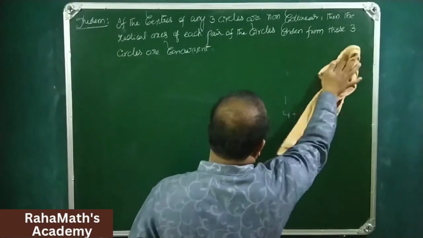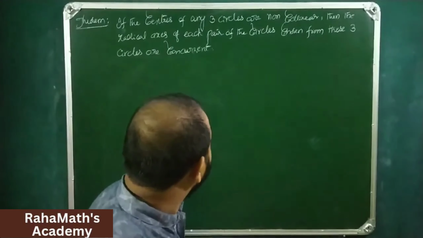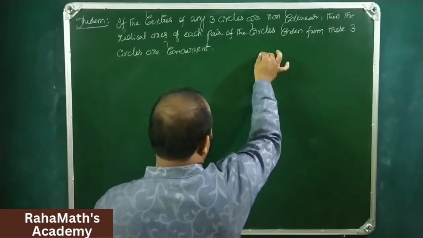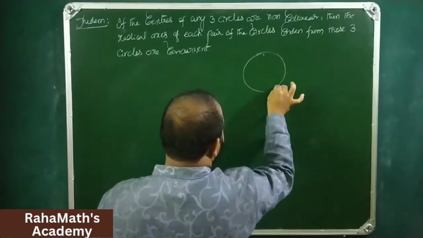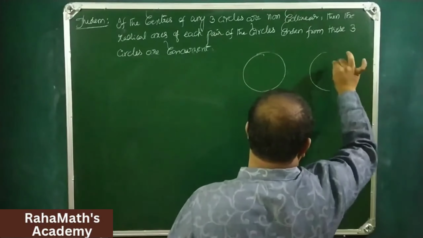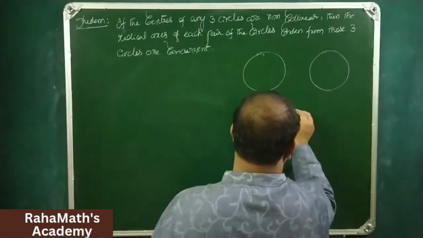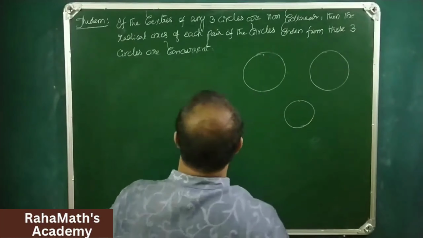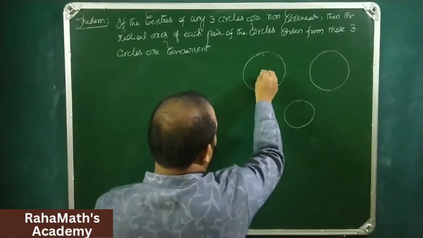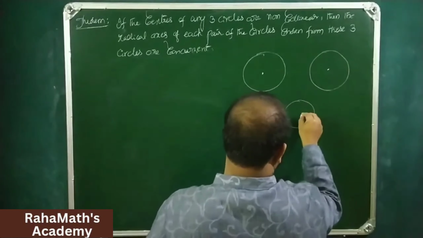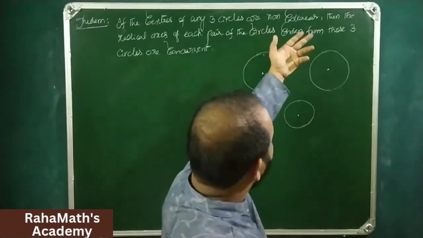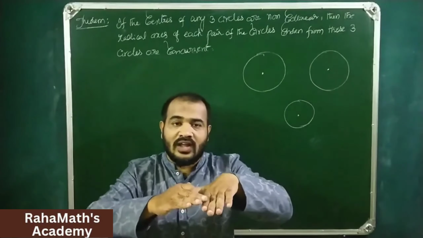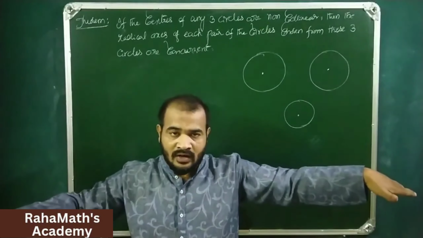In a similar way, here the three circles are like this. There are three circles. These three circles, their centers are non-collinear. That means the centers are not lying on a line.